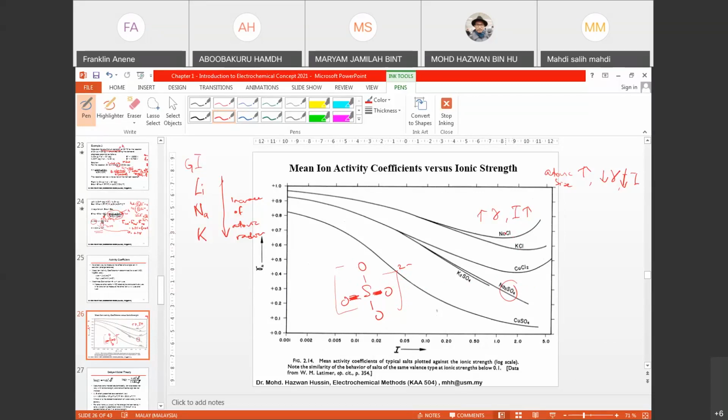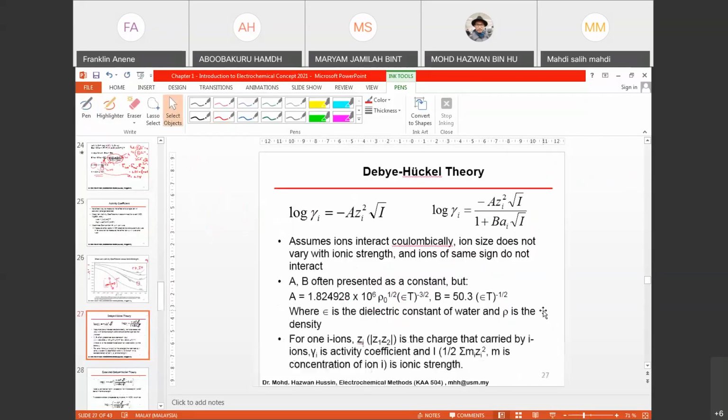Chloride is smaller in size, I think it's monoatomic. So the trend you will see here is that polyatomic ions can also contribute to a lower ionic coefficient and ionic strength.